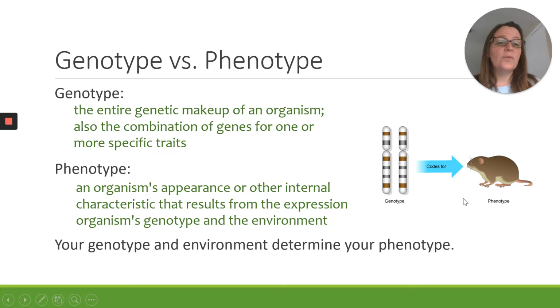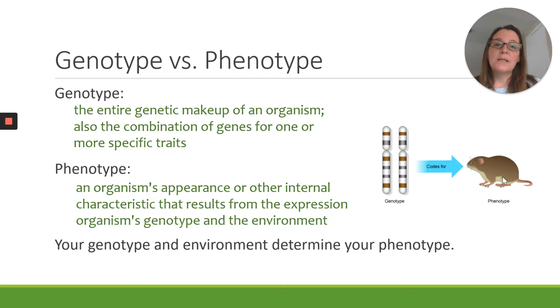So this is overly simplified, my picture here, that your genotype codes for your phenotype. But you guys probably are aware that your environment can influence your phenotype to a certain extent as well. A great example of this is height. So you do have genes that indicate the general potential of your height, whether you'll be tall or short.